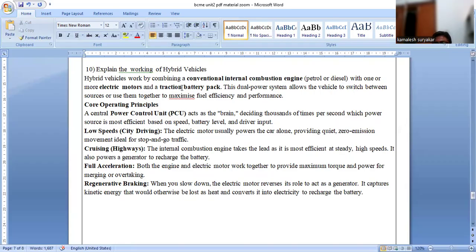So one motor can be there, two motors can be there, one battery or two batteries. Dual power systems allow the vehicle to switch between sources. It is costly because there are two engines: one battery and also a petrol or diesel engine, kept together to maximize fuel efficiency and performance.